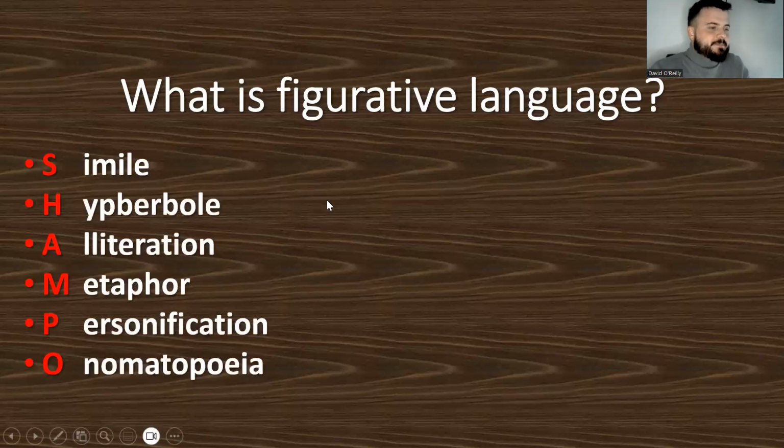Okay, we've got similes, hyperboles, alliteration, metaphor, personification, and onomatopoeia. Those are 6 types that we need to know, okay? And like I said a minute ago, not only do we need to be able to use this in our own writing, but we also need to be able to spot it in other people's writing, and that's what we're going to practice, okay? Now, you don't have to remember all 6 types of figurative language in one day or in one week.